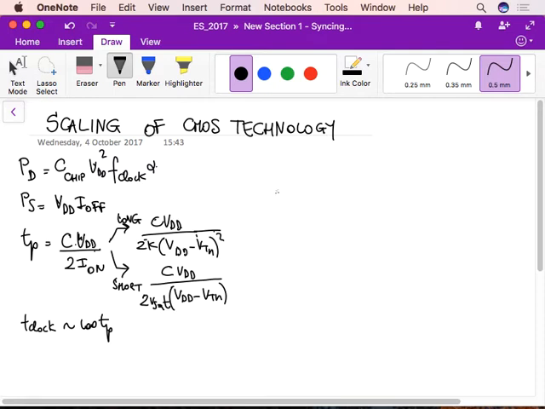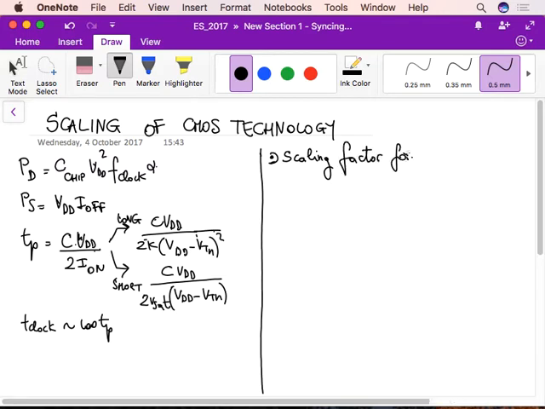Now let's use these formulas to look at the scaling. We can consider two different types of scaling factors. We have a scaling factor for voltage, let's call it lambda.